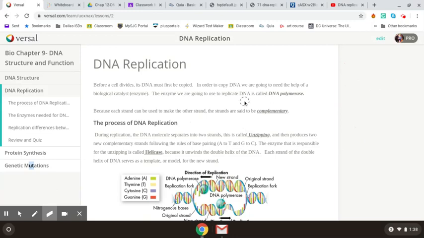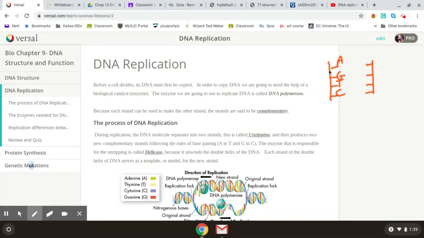So what we learned in the last lesson was that there is a double helix. There are two helices, and one side has nucleotides, and the other side has nucleotides. These nucleotides have phosphates and ribose sugars, and they have nitrogen bases.